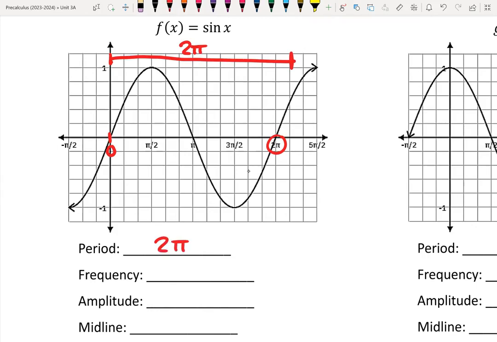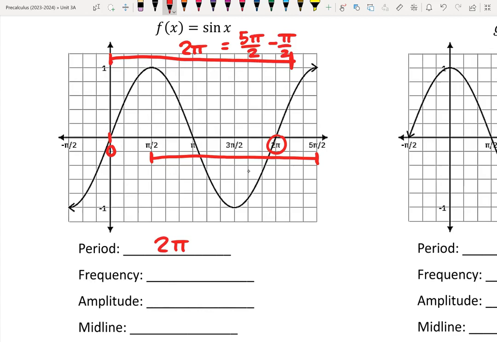We could also do that in a different way. I could have gone from pi over 2. Let's see. We could have gone pi over 2 to 5 pi over 2. That would have worked as well. All we would have to do from there is take my 5 pi over 2, the ending one, and subtract the beginning one.